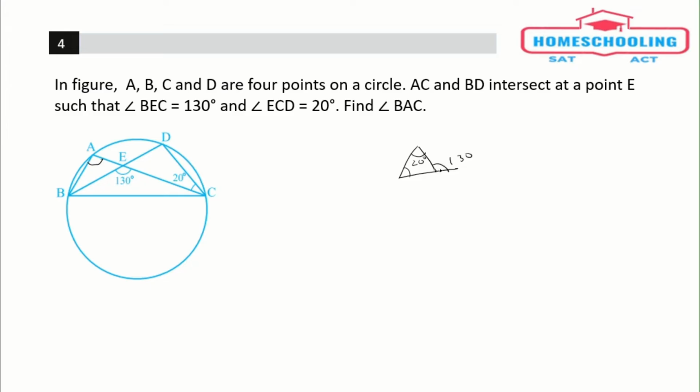As we have read in the triangles chapter, the exterior angle is the sum of these two angles. So 130 degrees is going to be 20 degrees, that is angle DCE, plus angle EDC.